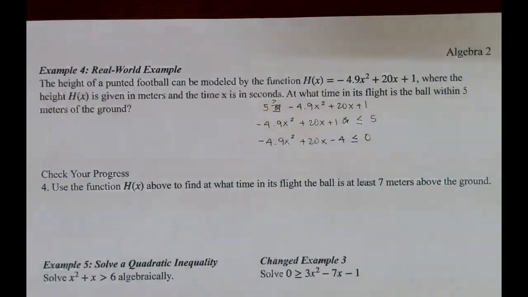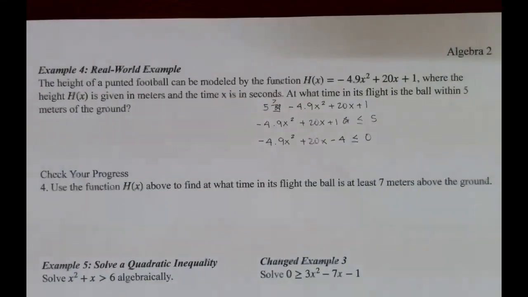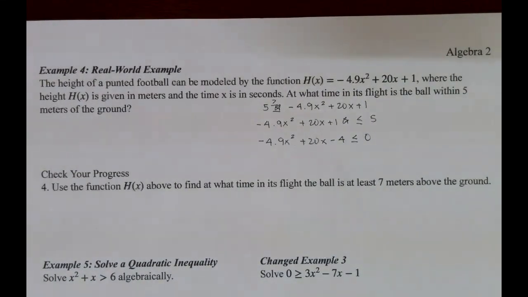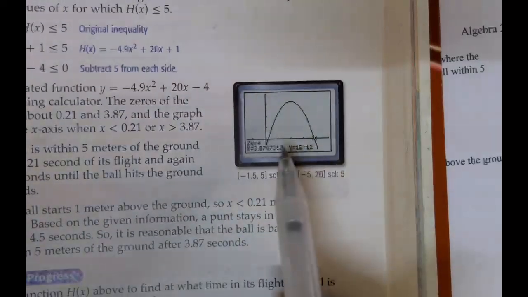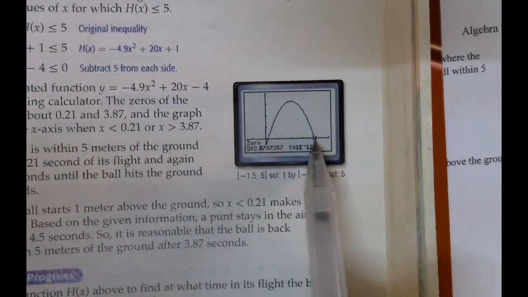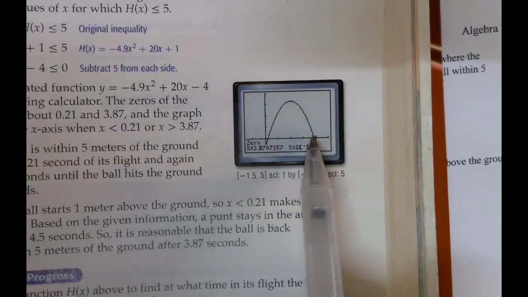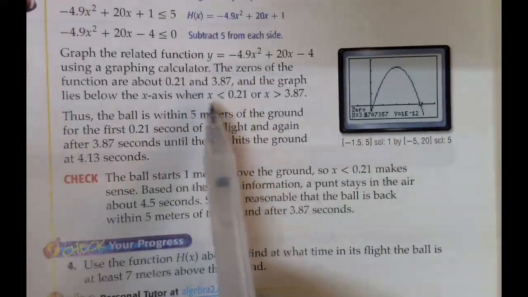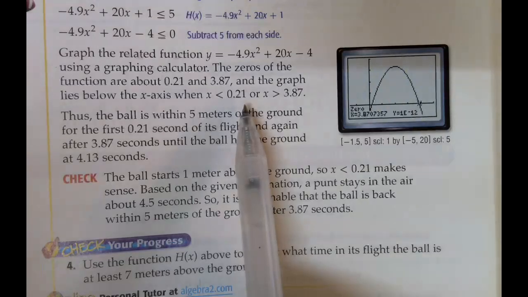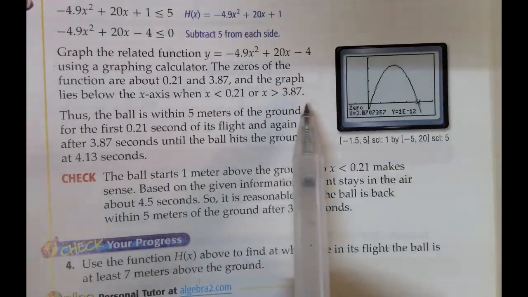Okay. And then here, for the word problems, I'm totally okay if you just graph it using Desmos or a graphing calculator. Okay, and then so here it is graphed. And so within that, we can see here the ball is within 5 meters of the ground when its x is less than or equal to 0.21 or x is greater than 3.87.